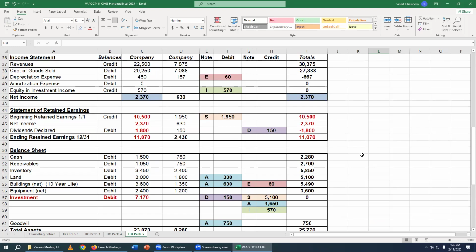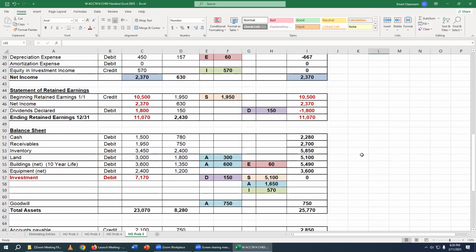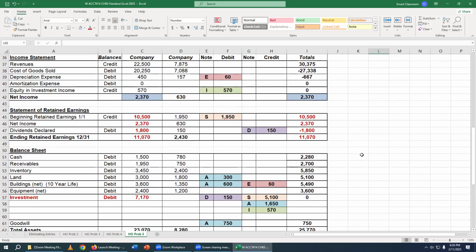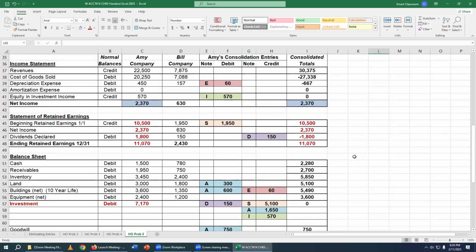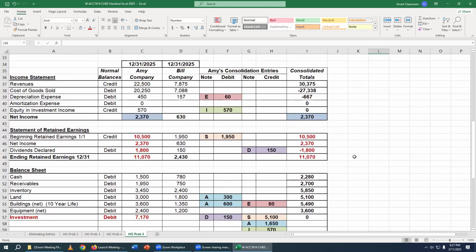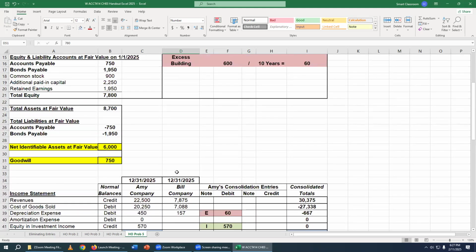Yeah, Professor, I have a question. Yeah. It's about the current assets and then the fixed assets. When you look at Bill's financial statement, the one at the top, you see the cash and receivables having like 600 and 450 US dollars.